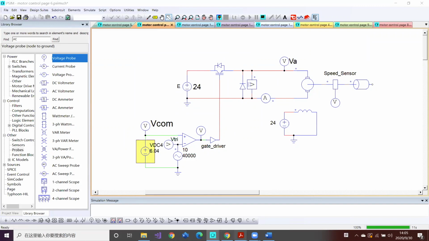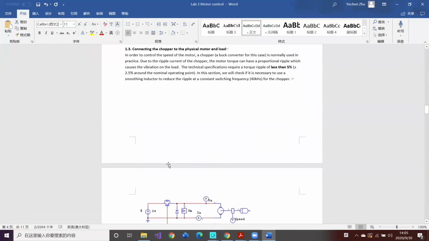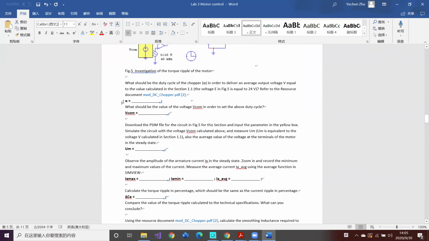So now you don't need to do anything. You first calculate the duty cycle of your buck converter. That's easy, right? Try to find out your duty cycle and your VCOM. The duty cycle is the output divided by the input.